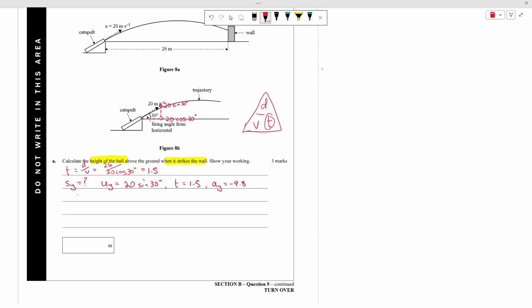So the suitable equation for this is S equals UT plus half AT squared. Sub everything in, so U is 20 sine 30 times time, 1.5, plus half times negative 9.8 times 1.5 squared. Let's do that.